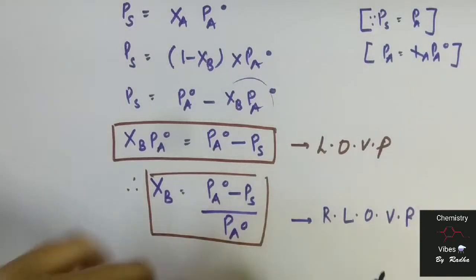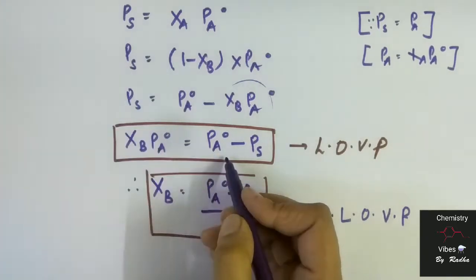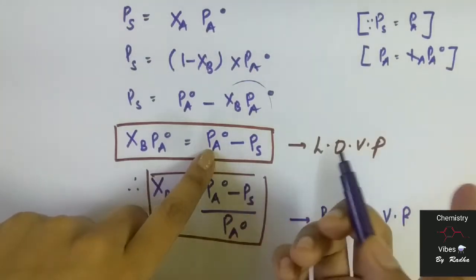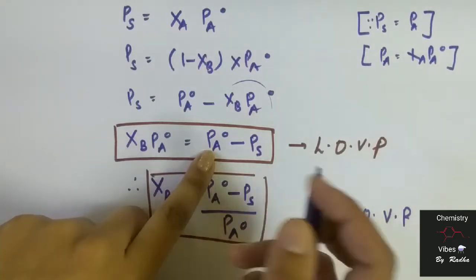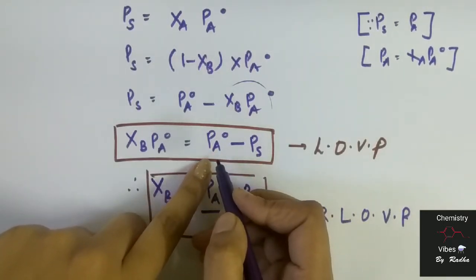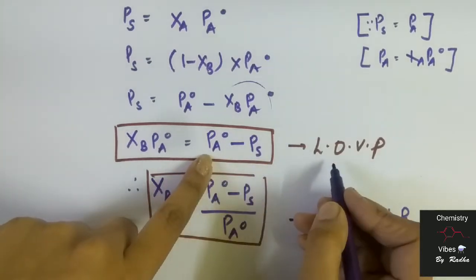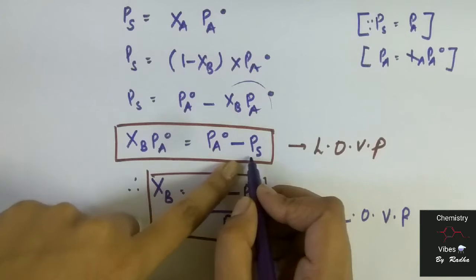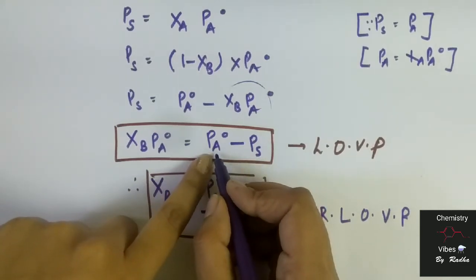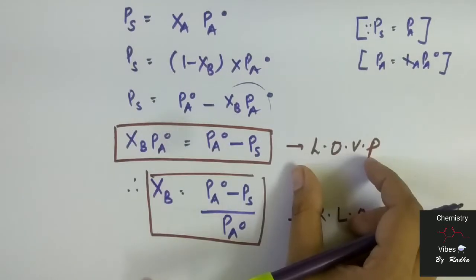Initially, when no NVS was added, the liquid was pure liquid A. Now when you added NVS, the vapor pressure decreased, giving the lowering of vapor pressure. So PA naught minus PS is the lowering of vapor pressure: the pure liquid's vapor pressure minus the solution's vapor pressure.